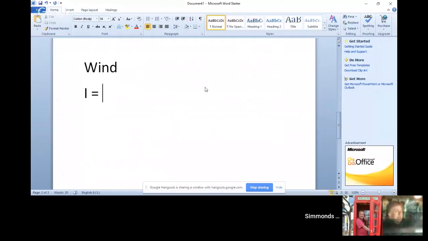So it's wind, wind. Wind is the small I. Whoops, not the O. Okay, if I go like that, it'll let me. So it's the sound wind. What is wind? Breeze.